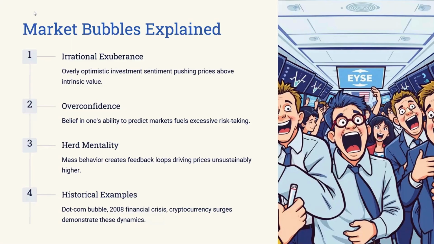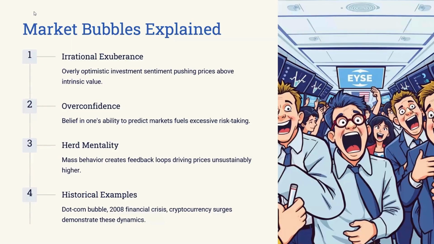So here the bubbles can be explained: first one, irrational exuberance, over-optimistic investment sentiment pushing prices above intrinsic value. Second is overconfidence, belief in one's ability to predict the market, fueling excessive risk taking.